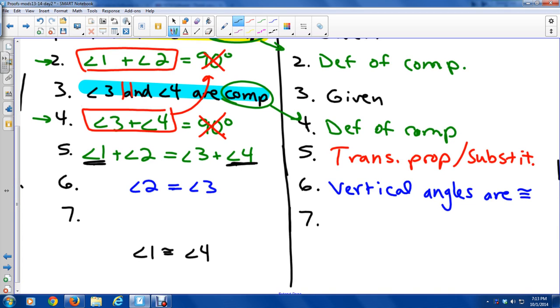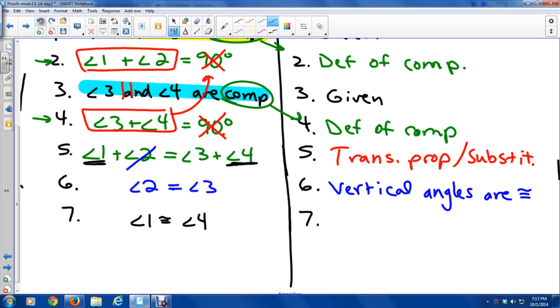Allowing me to do one of 2 things. We could actually go ahead and subtract angle 2 and angle 3 because they're equal to each other. We could go ahead and subtract angle 2 from the left, angle 3 from the right to end up with step 7, angle 1 is congruent to angle 4. Okay, and that would be my ESPO.